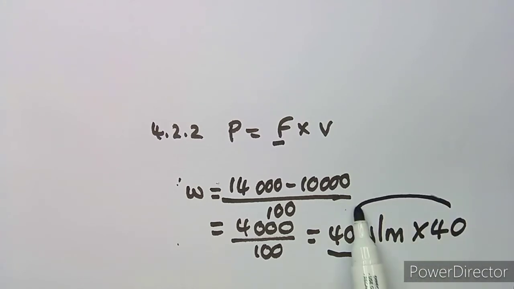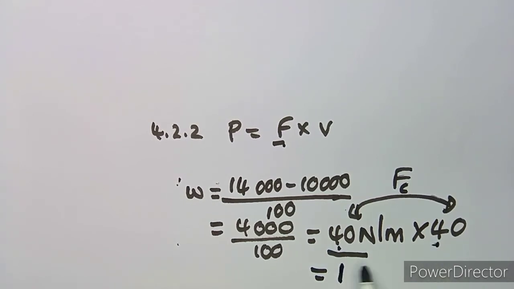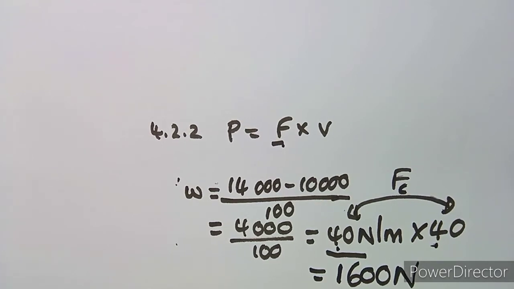By multiplying by 40 meters, you're finding the force that you're going to add, it's not the resultant. For the cable, you add it to this. So you multiply 40 times 40, which gives us 1,600. This is now the required force, 1,600 in newtons.